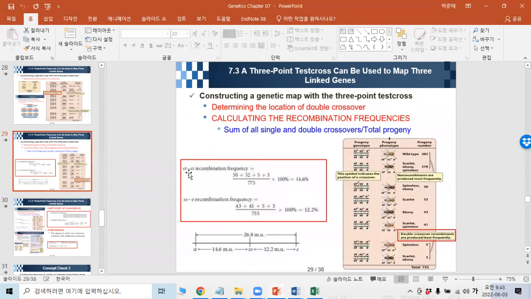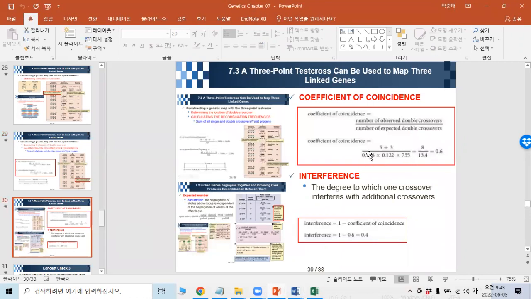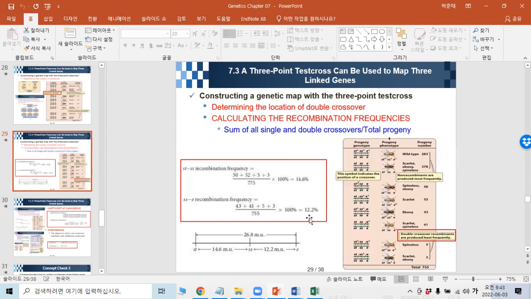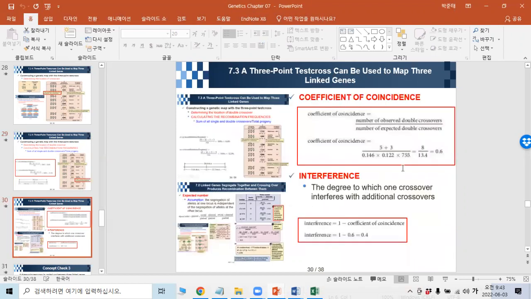ST-SS recombination frequency, 14.6, so it will be 0.146. The other frequency is 12.2, so this will be 0.122. So the coefficient of coincidence will be 0.6.